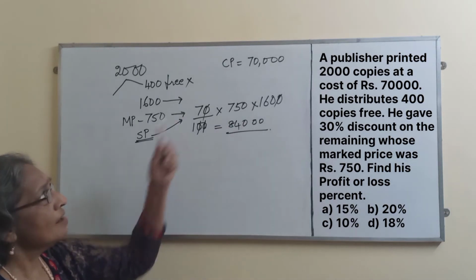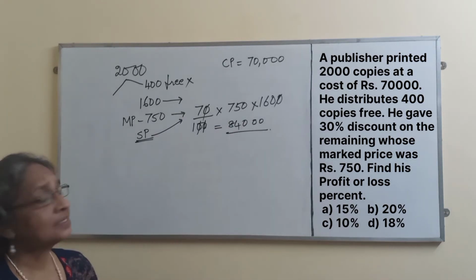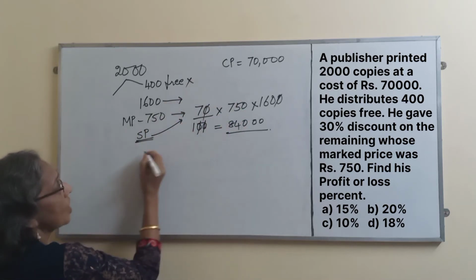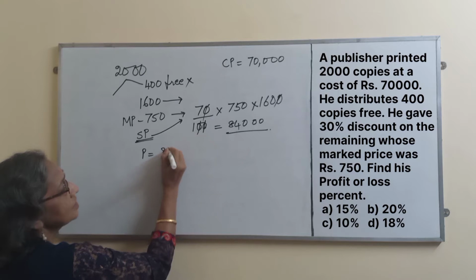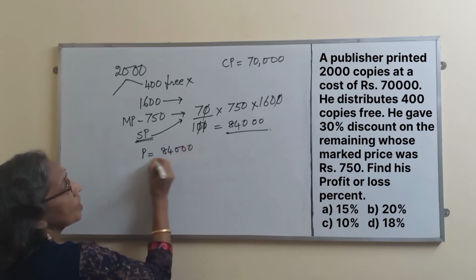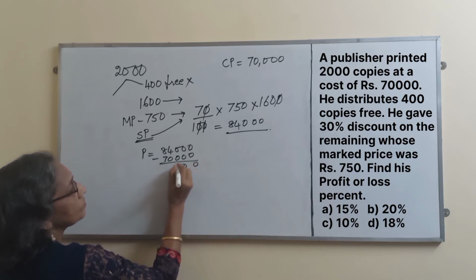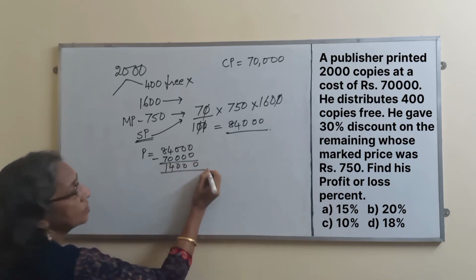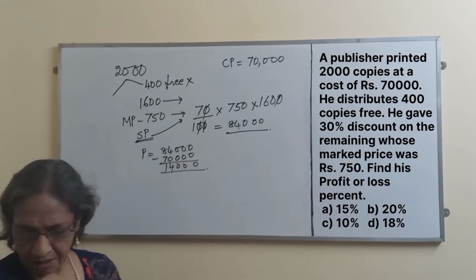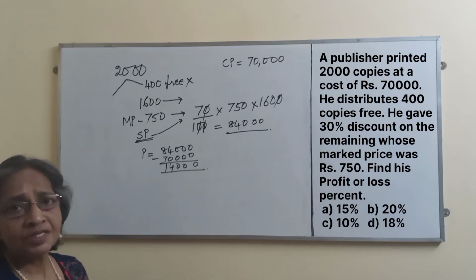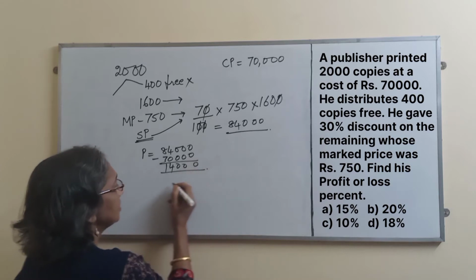Alright? Now have a look at the cost price and the selling price. The cost price was 70,000. So his profit is 84,000 minus 70,000. That is a 14,000 profit. Question is, find his profit or loss percent.